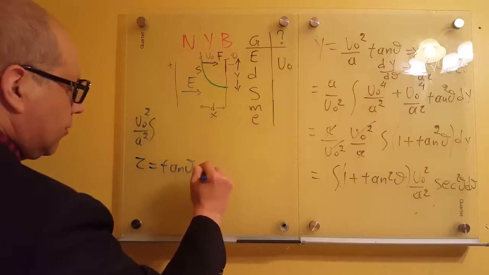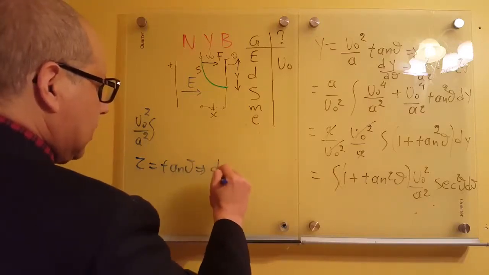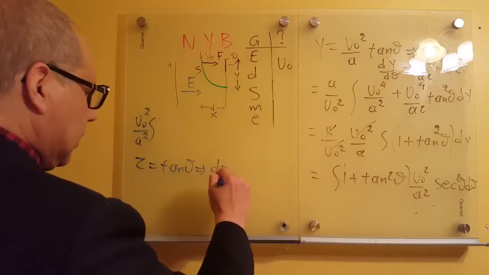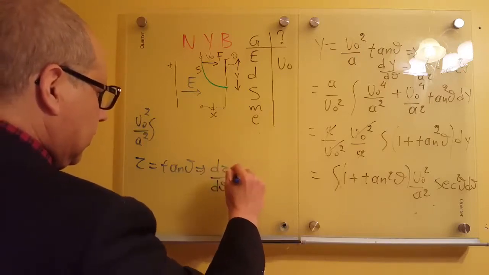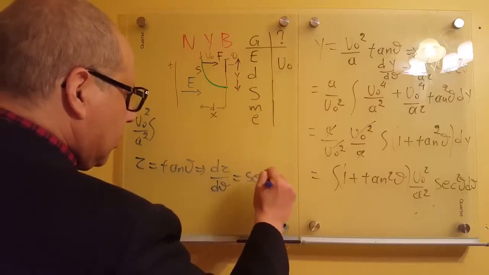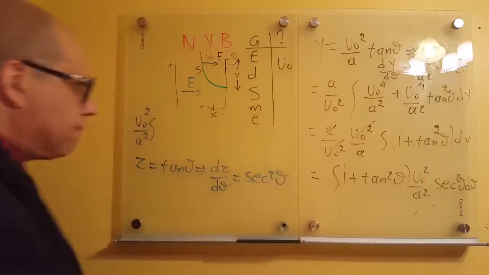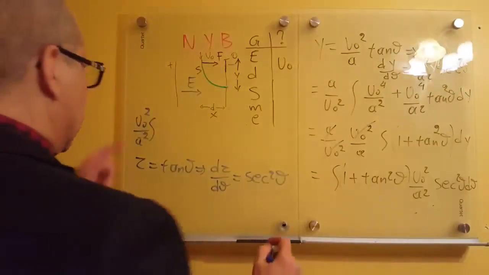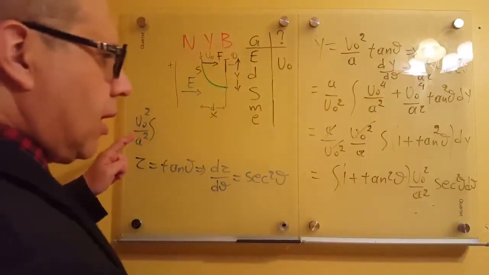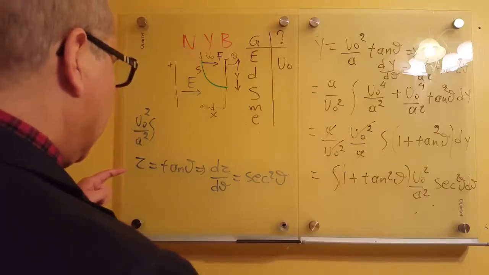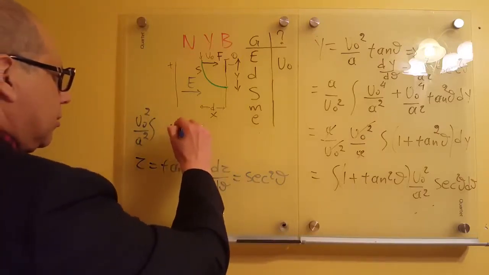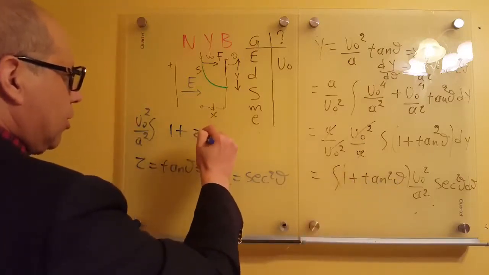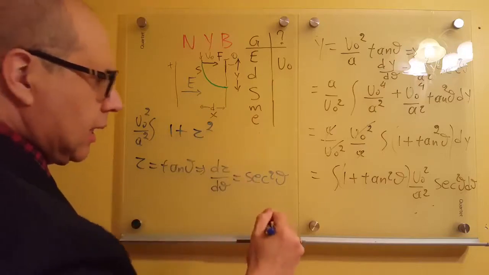From that you will have dz over d theta, which should be equal to sec square theta. Now if you go back to this integral, we have 1 plus tan squared, and since we put z, that should be 1 plus z square.